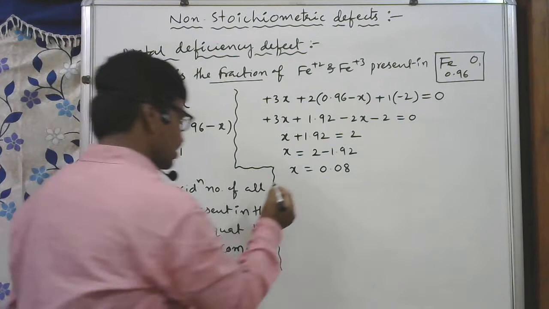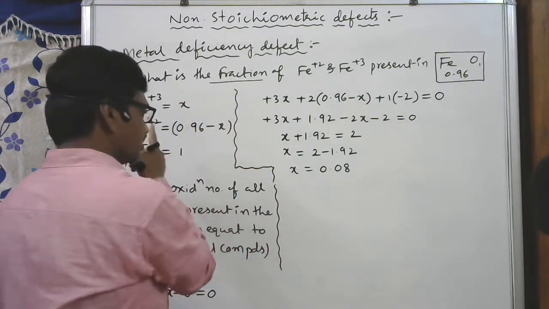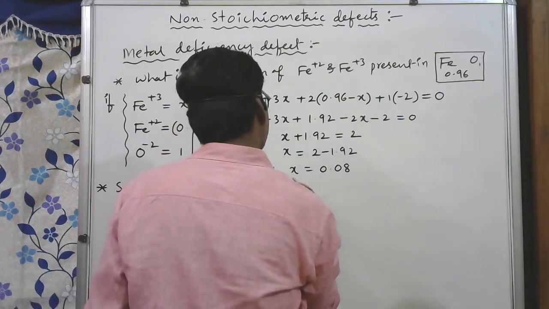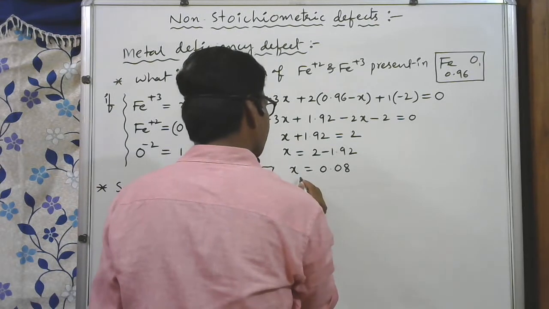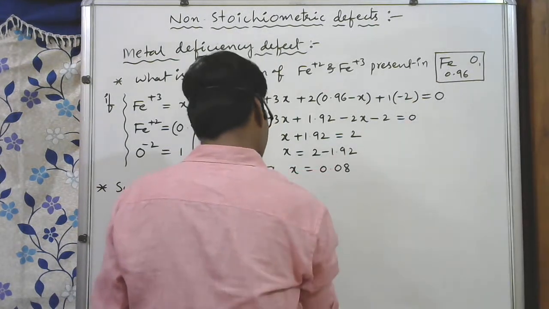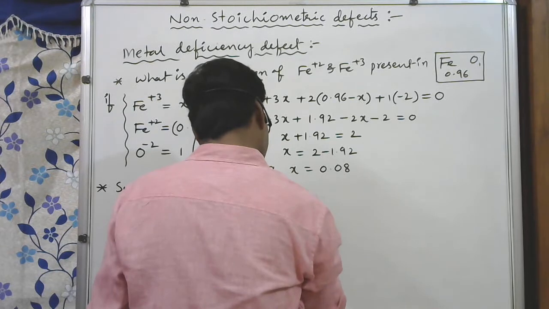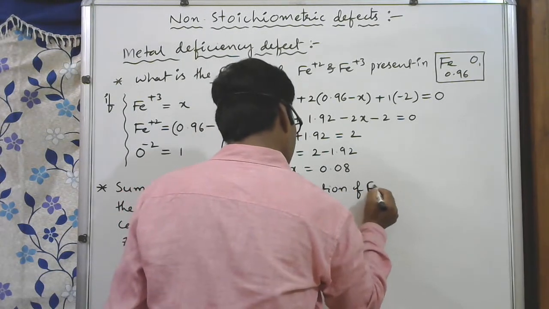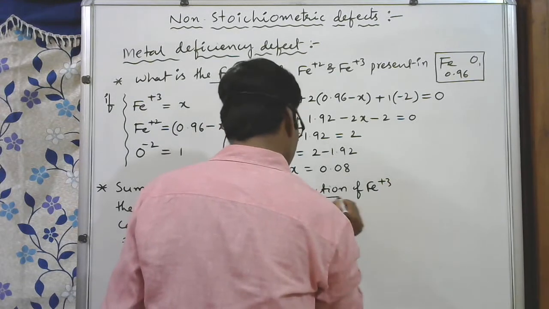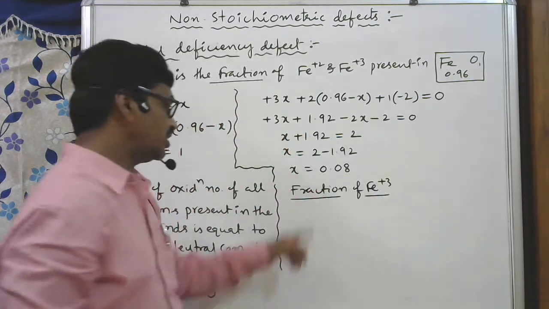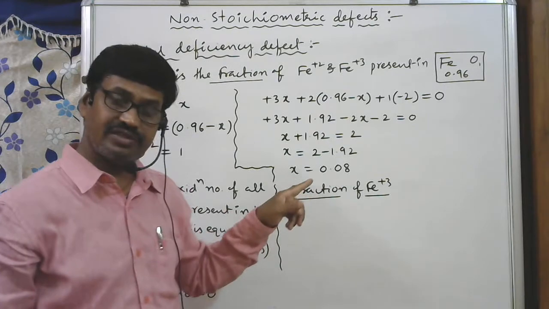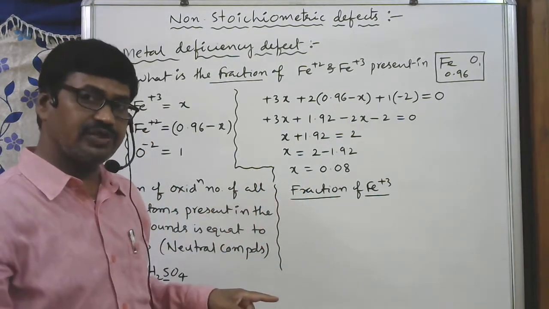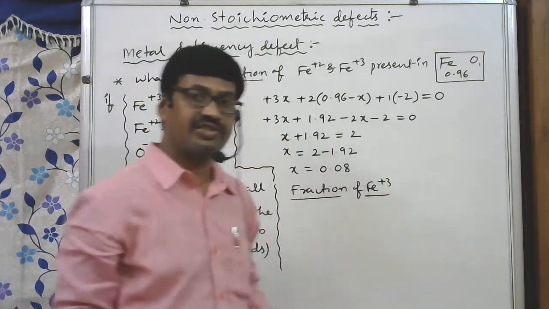See here, this is x, that is nothing but Fe plus 3. So this is not the fraction, this is just Fe plus 3 in 0.96. Now I am calculating the fraction of Fe plus 3. But here 0.08 is nothing but Fe plus 3 quantity, present in 0.96, not in 1.